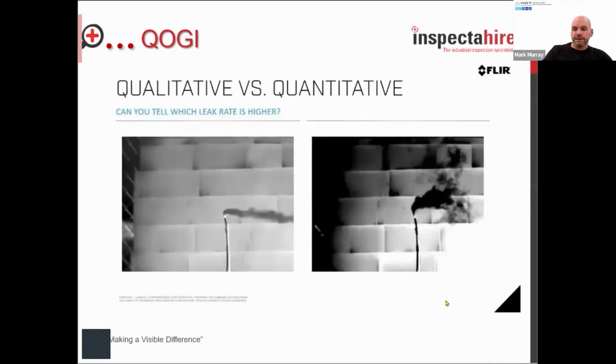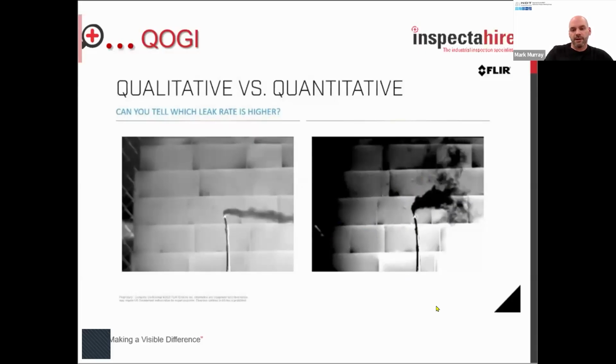So the benefits of quantitative OGI. When you're looking at two images on a camera that have been set up by maybe different technicians, they record the image, and you can see varying responses based on the settings of the camera. So in this case, we're actually looking at the exact same emission. And if we compare the two, there's been some thermal tuning going on in the left-hand image. So it has embellished the gas and made it look as if it's a larger leak than perhaps the other image looks.